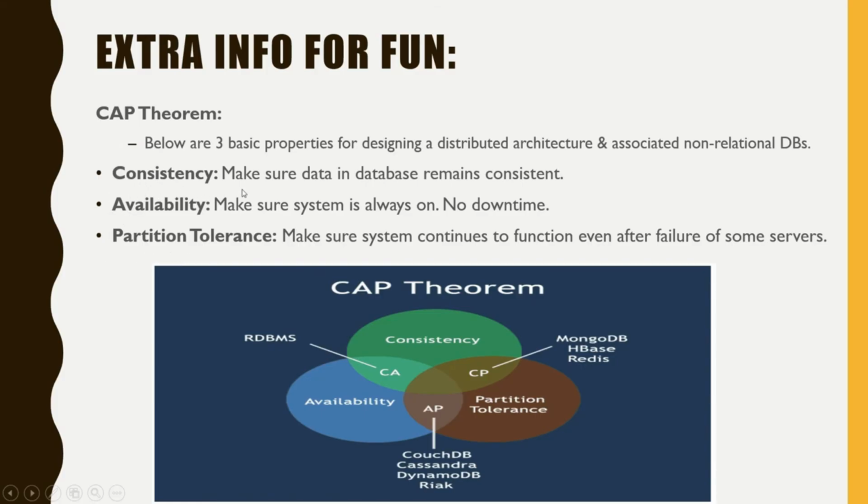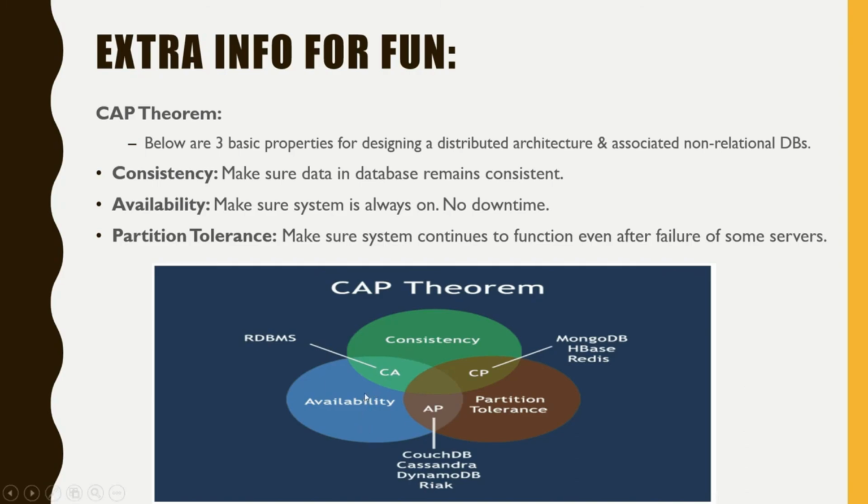Consistency makes sure that data in the database remains consistent. Availability makes sure that the system is always on and there is no downtime. Partition tolerance makes sure the system continues to function even after failure of some servers. So this diagram provides combinations of these properties and which database systems come under the combination of those properties.